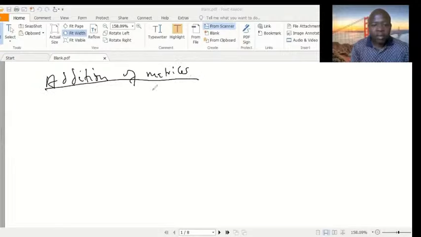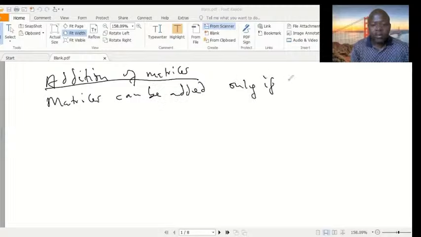We add matrices by adding the corresponding entries. Matrices can be added only if they are of the same size.